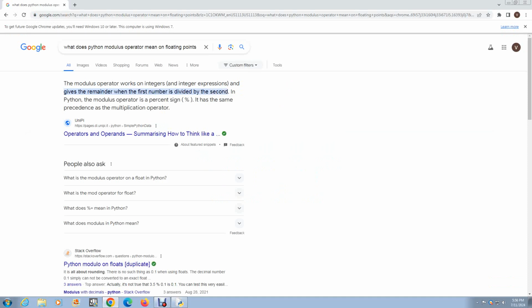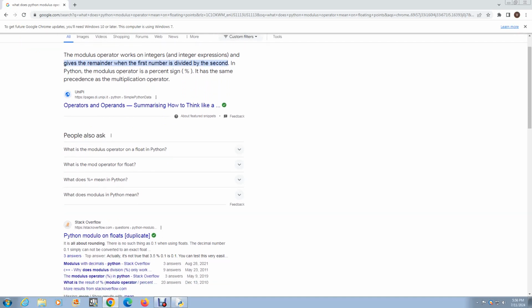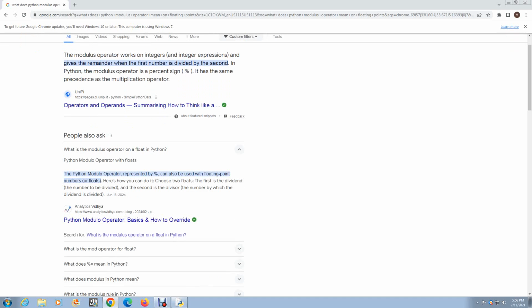The modulus operator works on integers and integer expressions and gives a remainder when the first number is divided by the second. It works the same on integers. So according to here, you can also use it for floating points.